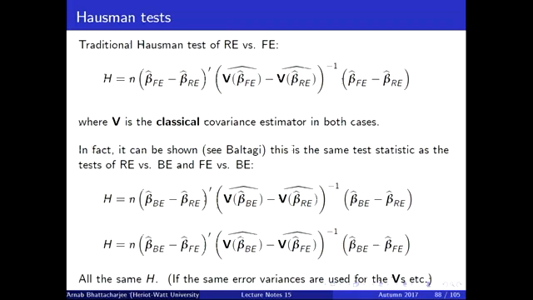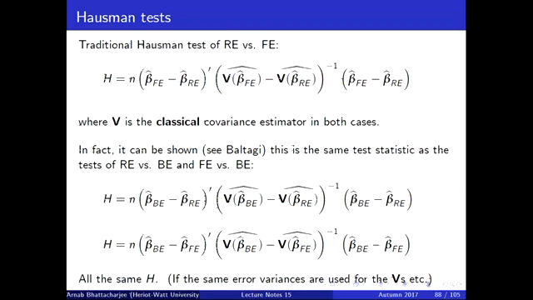So what does Hausman do? First of all, it approximates this variance by this guy. Secondly, it does a first order Taylor approximation of the inverse and writes this simply as the difference between these two.